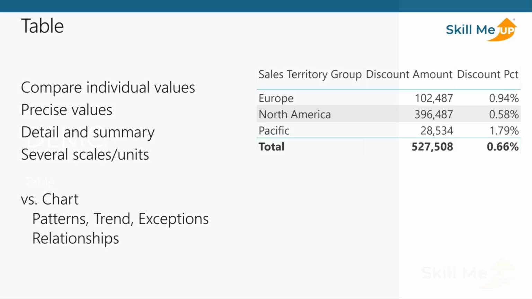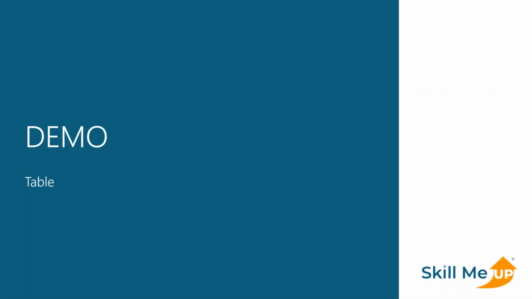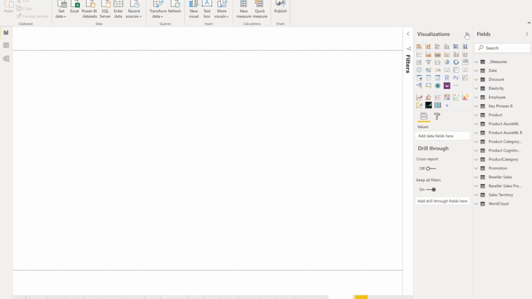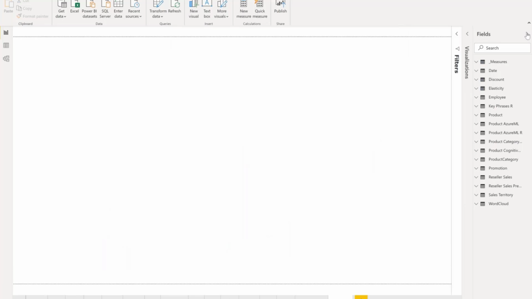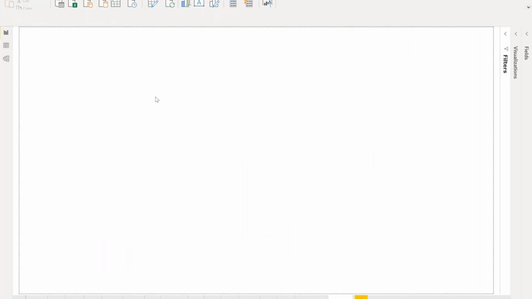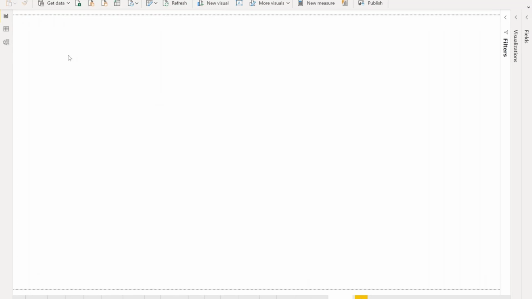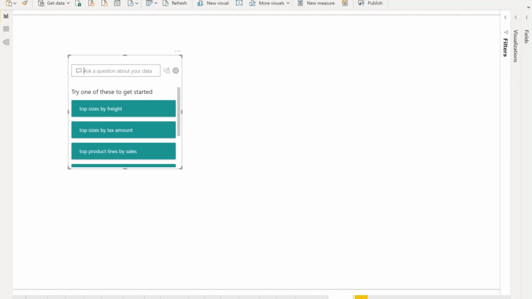So take a look in Power BI how we can create a table. So I have Power BI opened here. Maybe I close this a little bit to make more space for the report. And then I can, with a double click, start the Q&A visualization, and I can ask for, what did we have here?